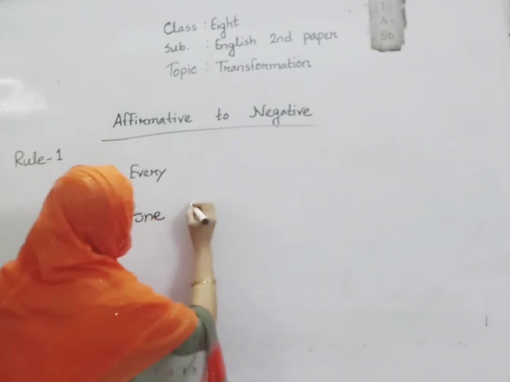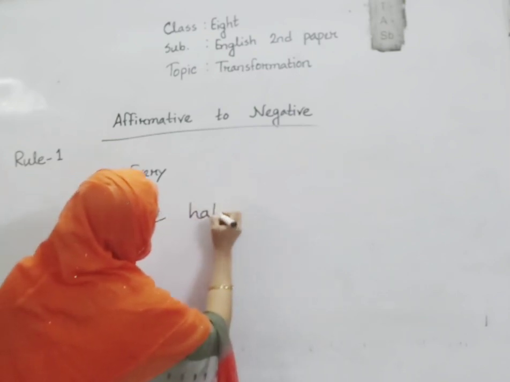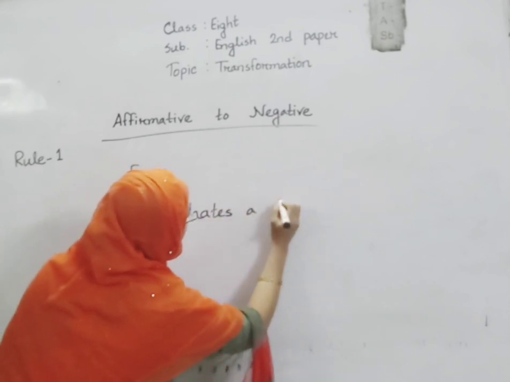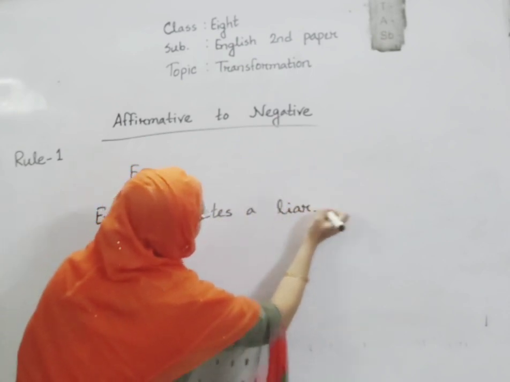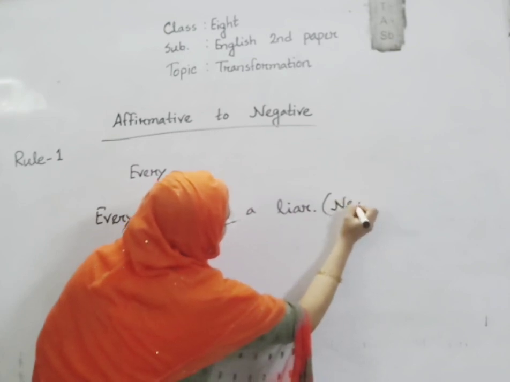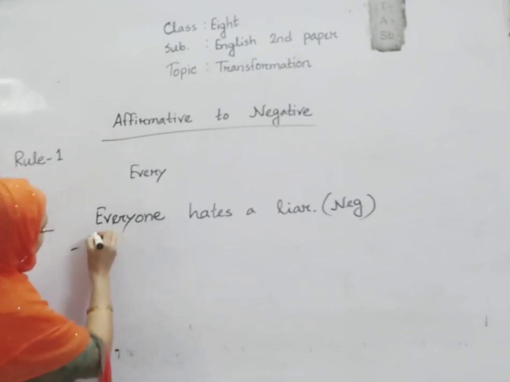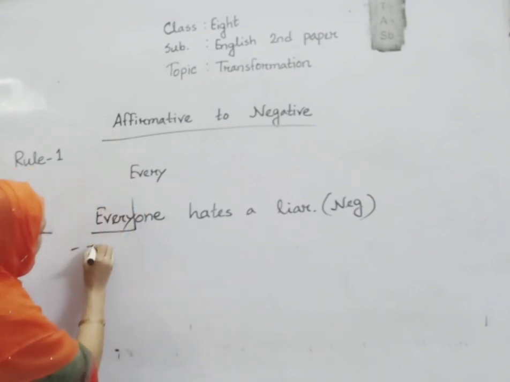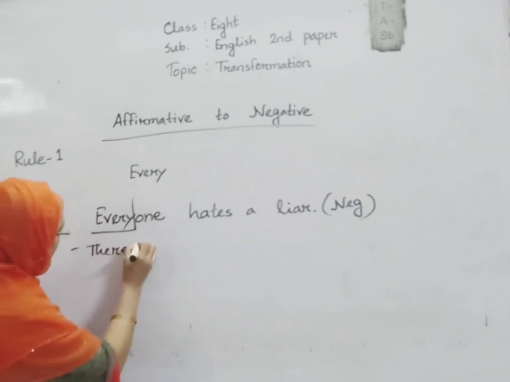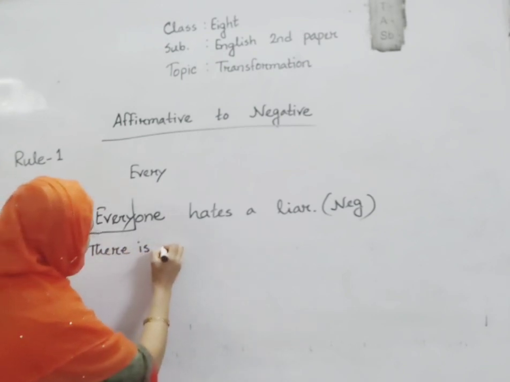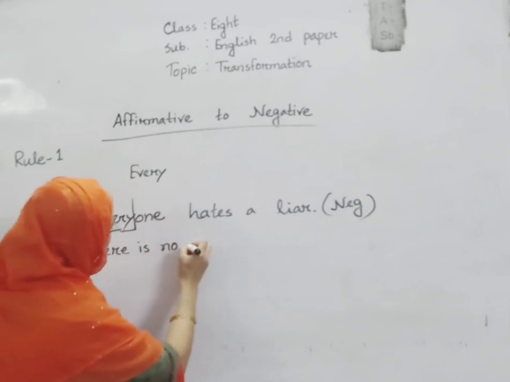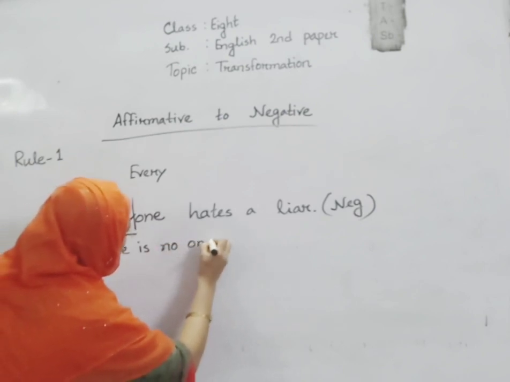Everyone hates a liar. You have to make it negative. So, by using the rules, you can easily make it negative. I am giving you one solution. For every, there is no, then one.